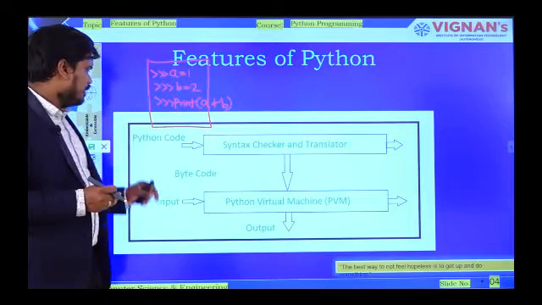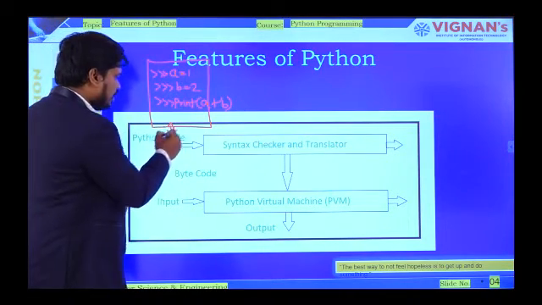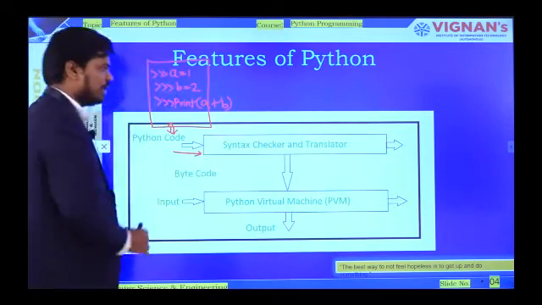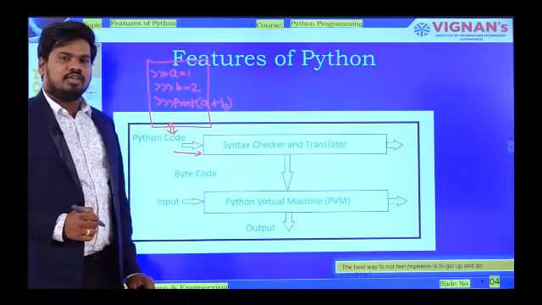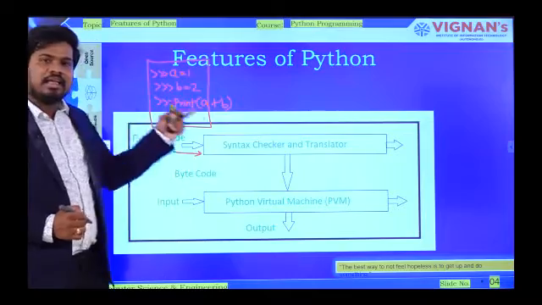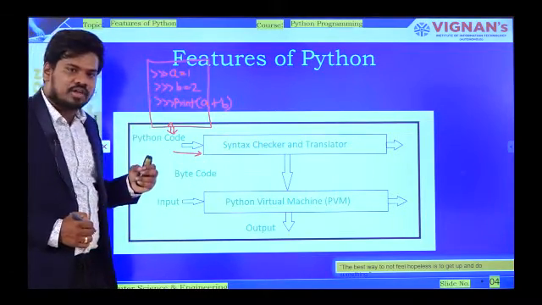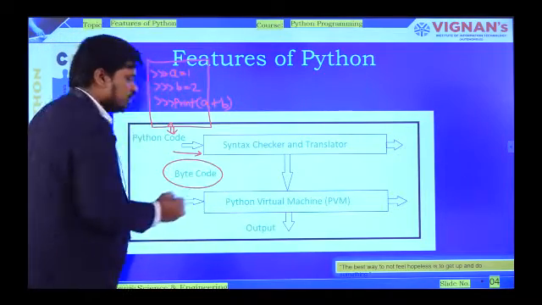This entire Python code will be given as an input to the syntax checker and translator, which is also known as an interpreter. Now my interpreter will take this code and convert it into byte code.